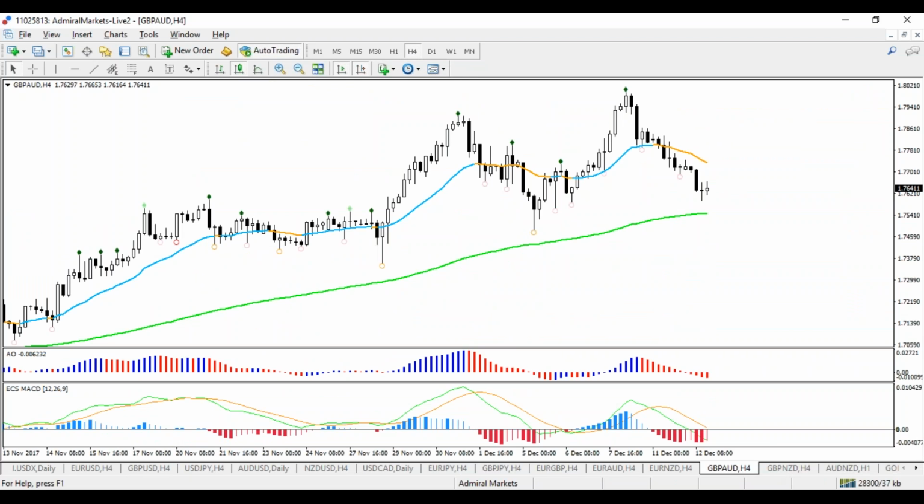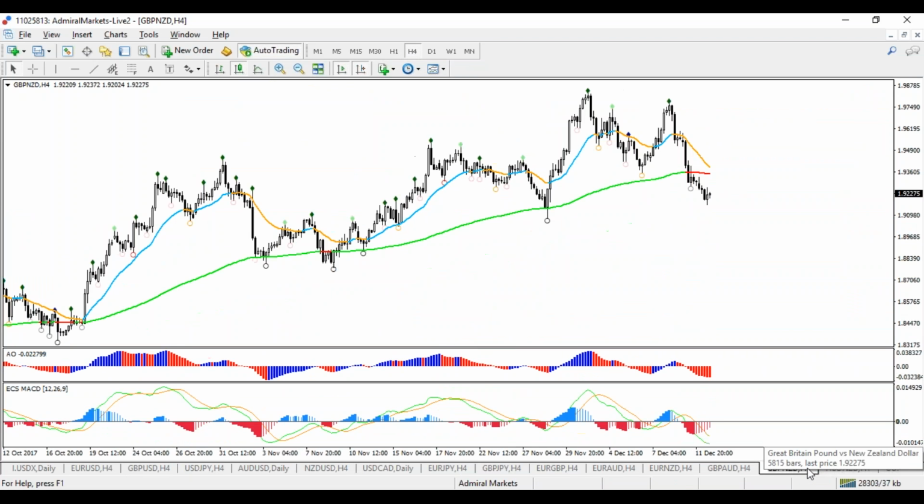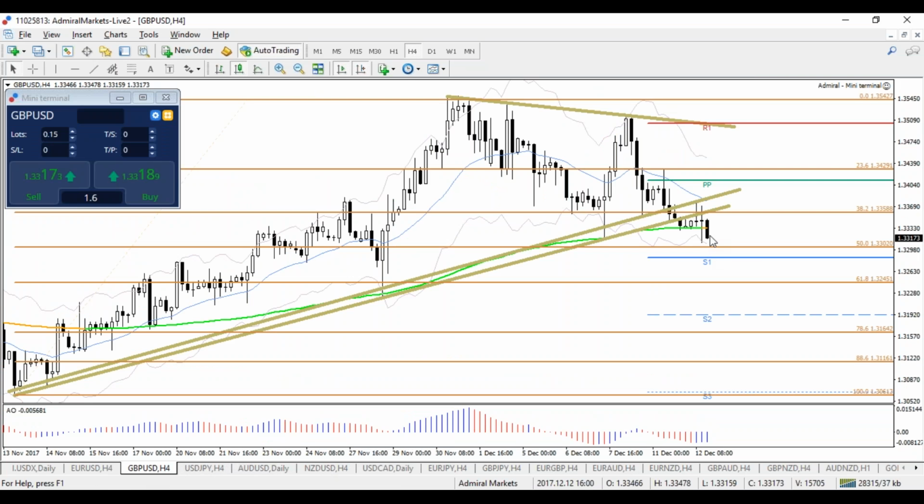But for high time frames, there could be some things to keep an eye on. Pound Aussie, pound New Zealand, primarily. Kiwi, Aussie, dollar yen, euro dollar, pound dollar too, of course, but probably to the upside for me.